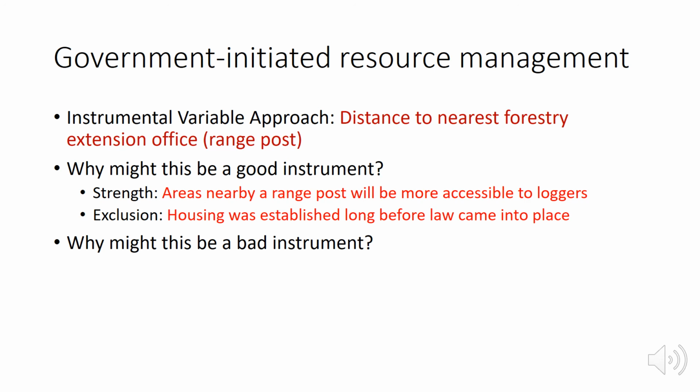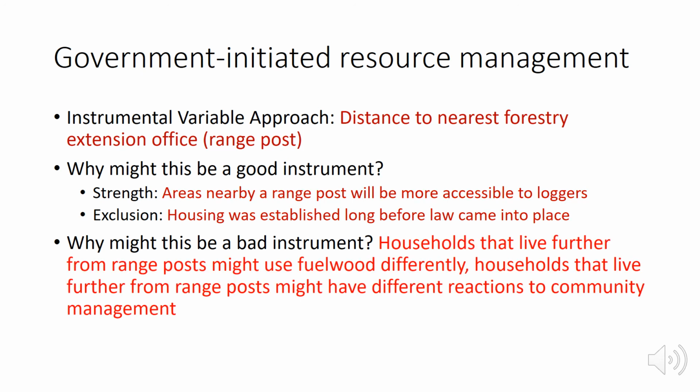Elizabeth: This is very similar to that, but just that there might be different needs for firewood or alternative fuel sources in different areas. Yeah, you're both absolutely right. Households that live further from range posts might use fuel differently. Further, they might live farther from range posts because they have different views on government-initiated resource management. Maybe the households that live pretty far from the forestry office don't want anyone telling them how to use their fuel.